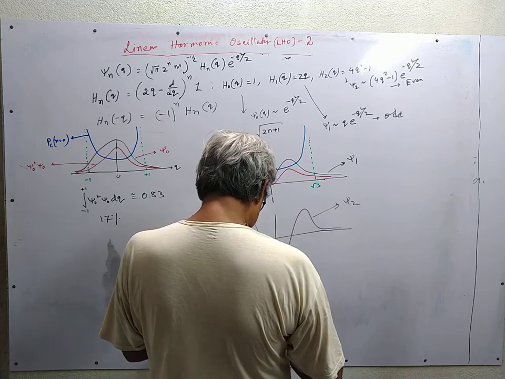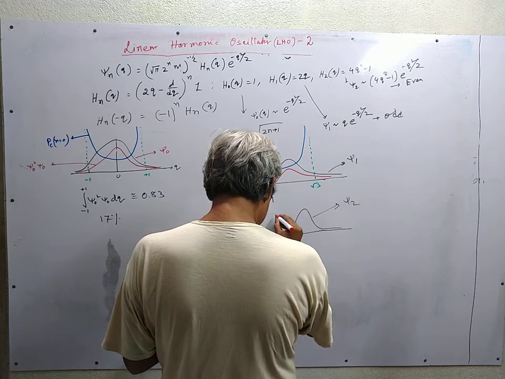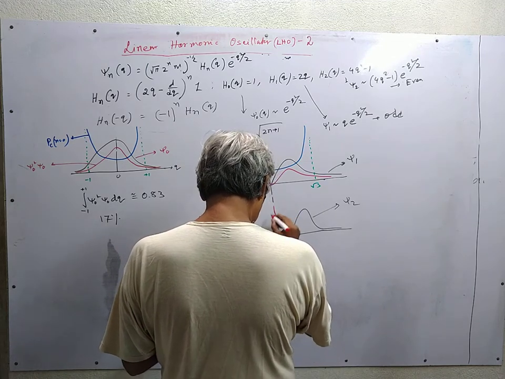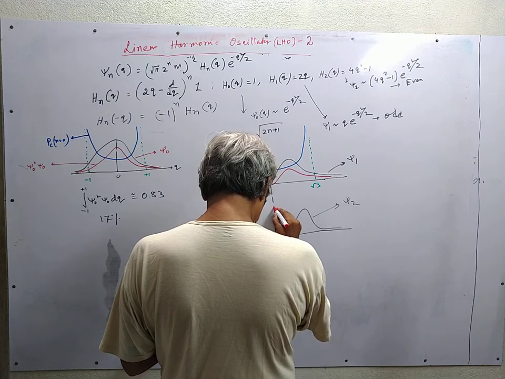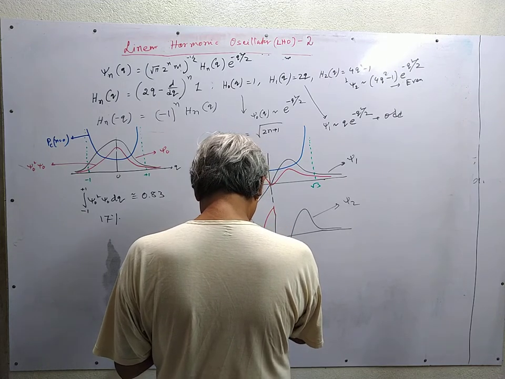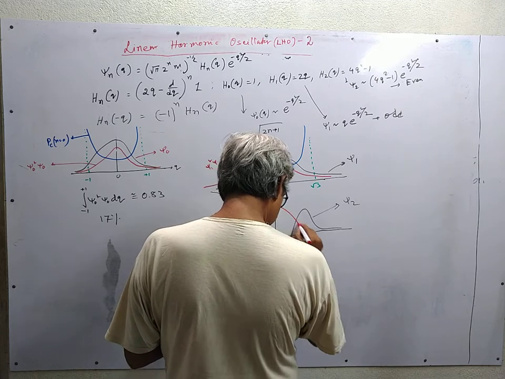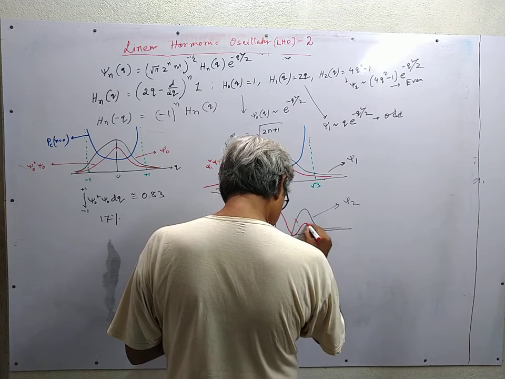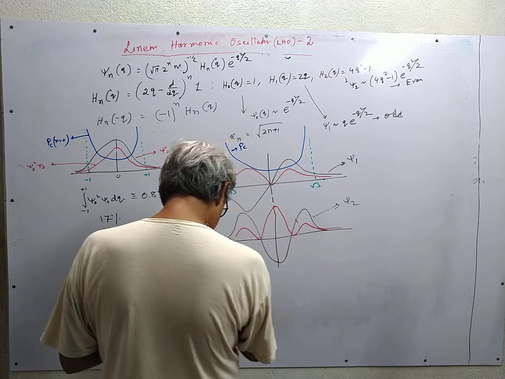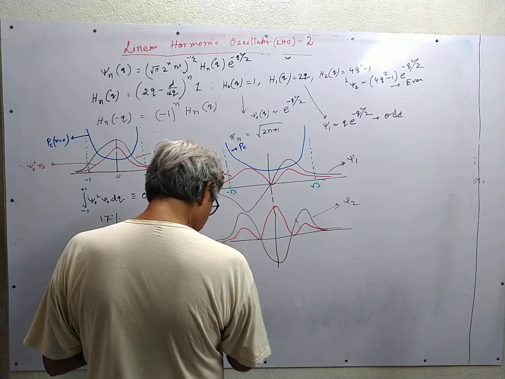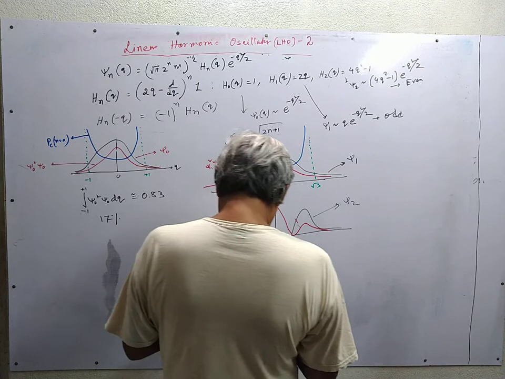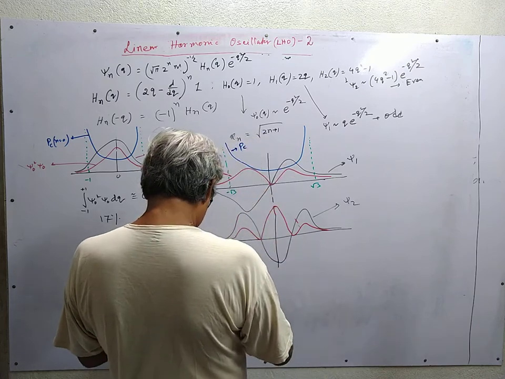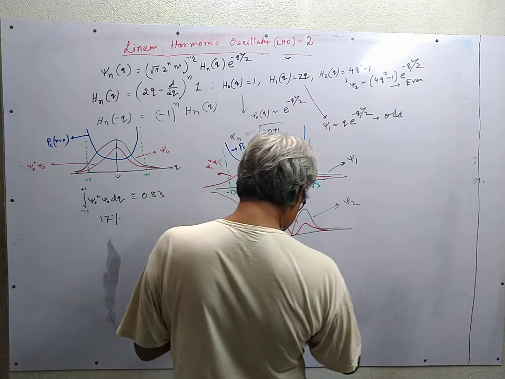The probability distribution will be like this, and the classical limit is plus minus root 5.